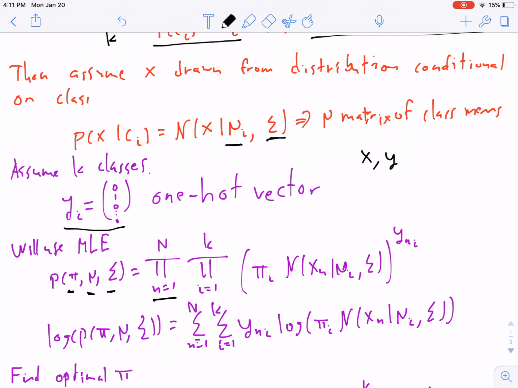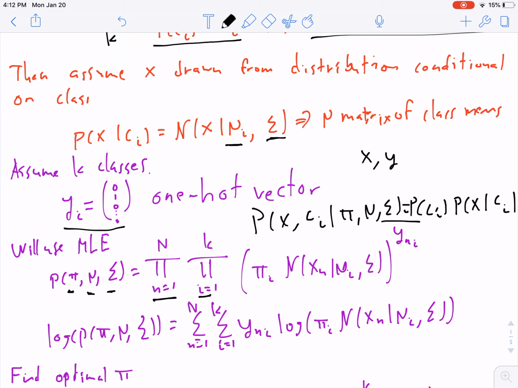And for every data point, if it's in class i, then the probability of getting x and, let's say, class i given pi, mu, and sigma is just the probability of getting class i, and I've just dropped the conditionals for notational convenience, times the probability of getting x given being in that class, right?